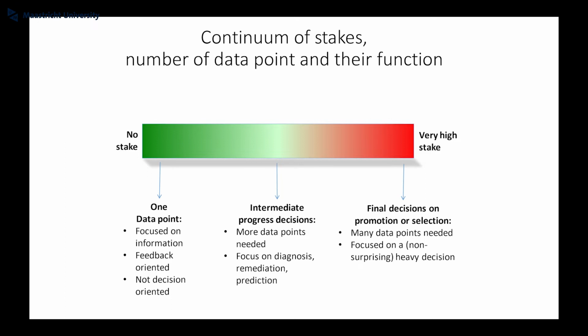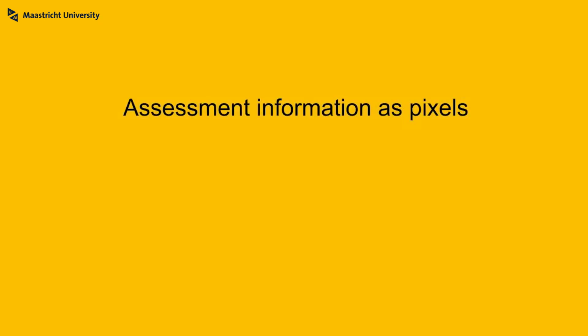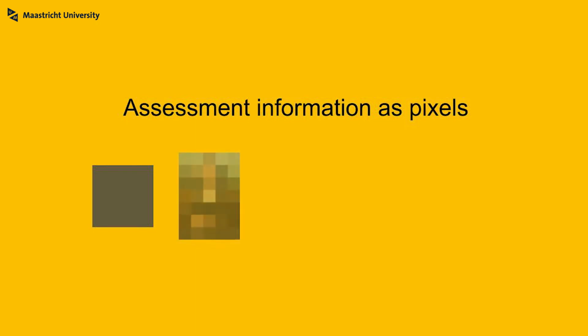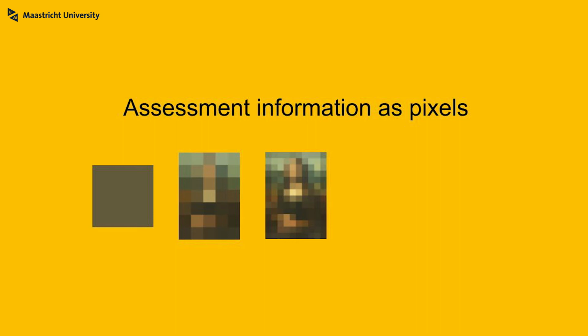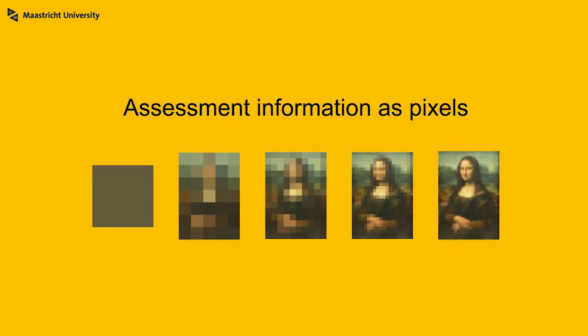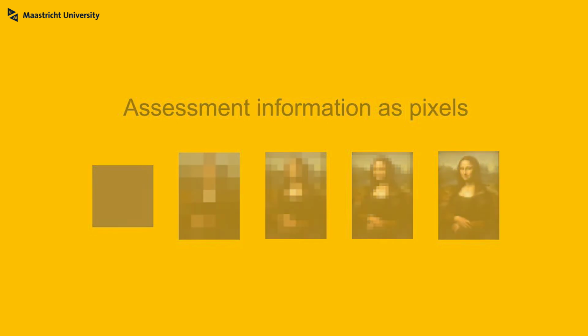I always compare that to making a picture or interpreting a picture. If you have a single pixel, a single data point, you can't see the picture, right? But if you have many, many pixels, the picture emerges. And once you have clarity on the interpretation of the picture, then you can take high-stake decisions, right?